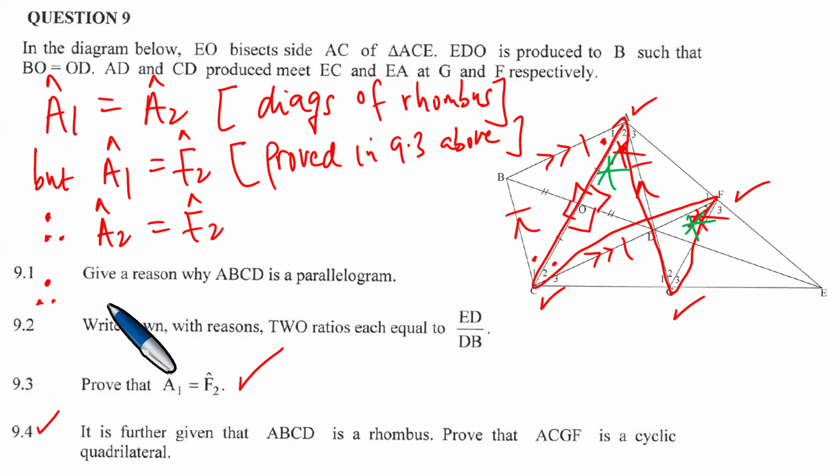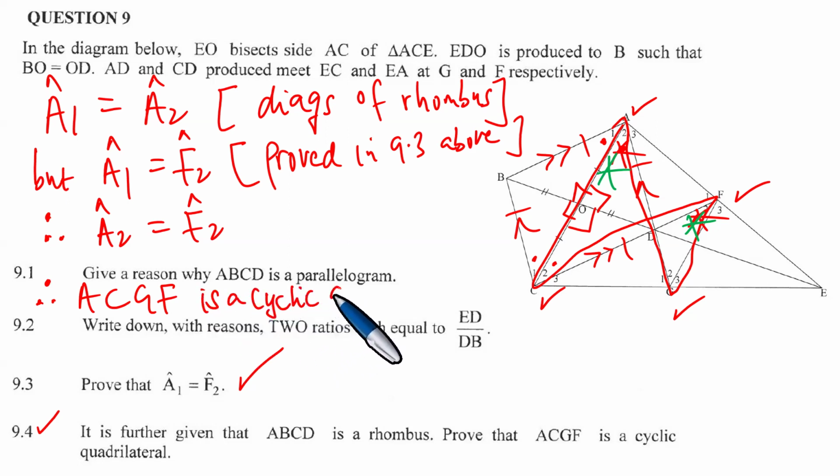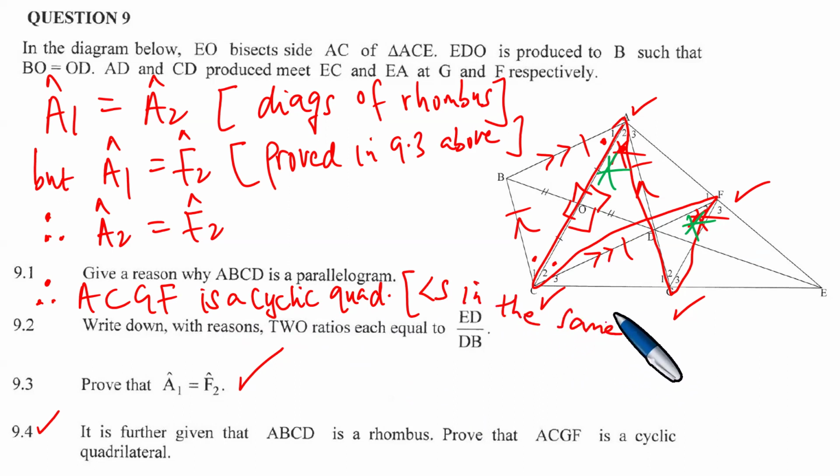So what then is this? This is our story. And we say, therefore, ACGF is a cyclic quad. Why is it a cyclic quad? It is a cyclic quad because we're able to see angles in the same segment equal.